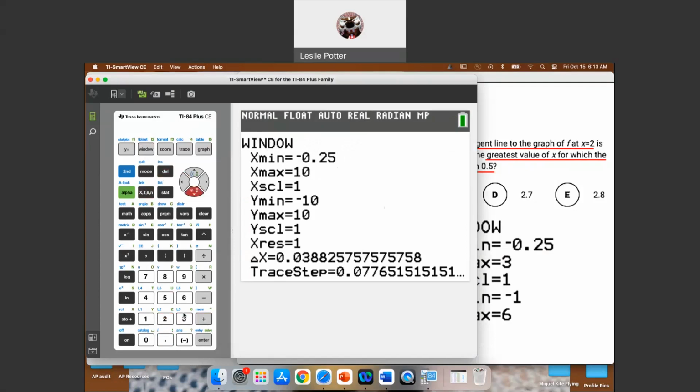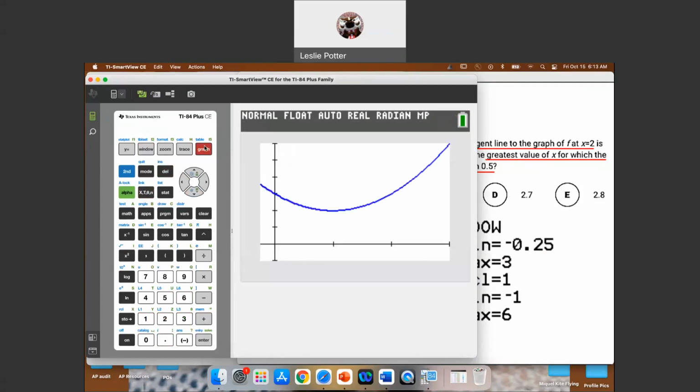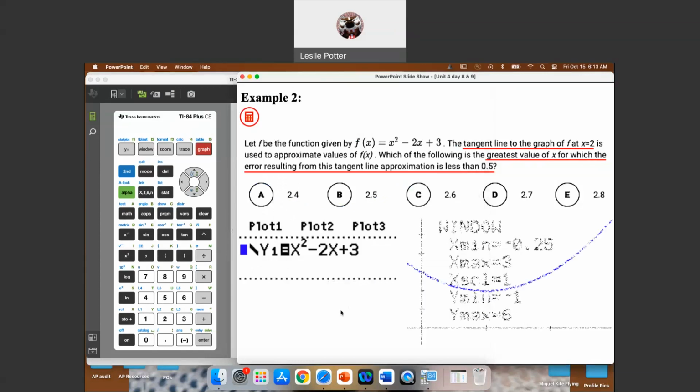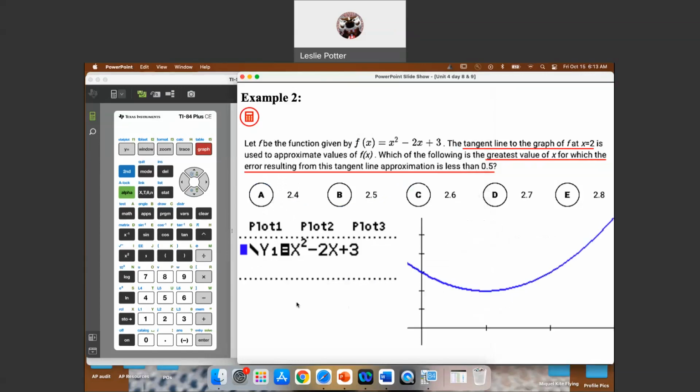And then we've got 3, 1, negative 1, and 6, it looks like. So we're looking at the parabola there. We're just looking at a very small portion of it. And so that's what it looks like right on our screen.